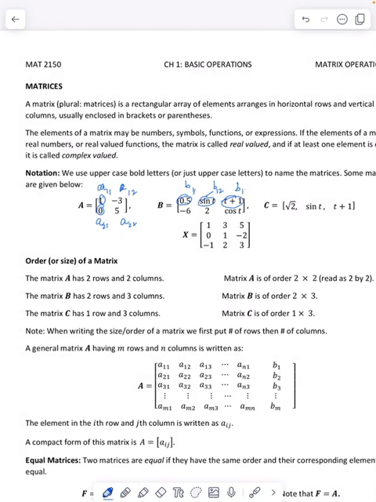For example, the A matrix is of order 2 by 2. The B matrix has 2 rows and 3 columns, so it is order 2 by 3. And the matrix C has only 1 row and 3 entries or columns, so its order is 1 by 3.